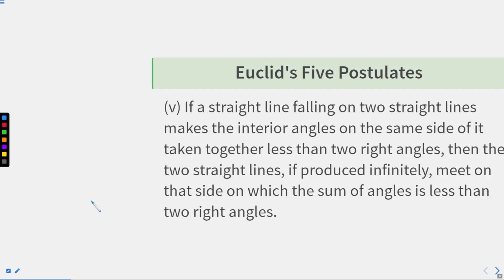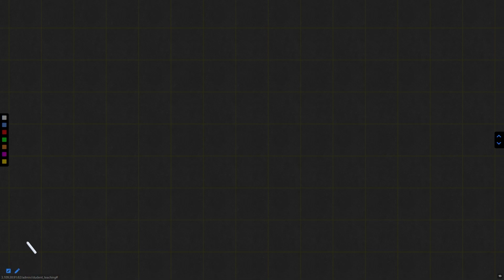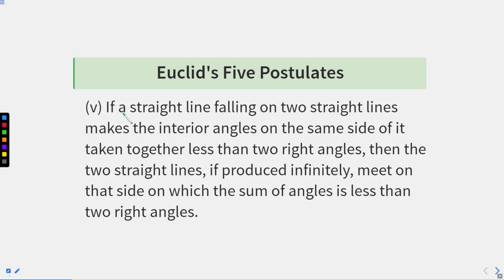Let's talk about the fifth postulate, which is the most important among all five postulates. The fifth postulate says if a straight line falls on two straight lines, so one straight line is falling onto the two straight lines. Let's say like this is happening.